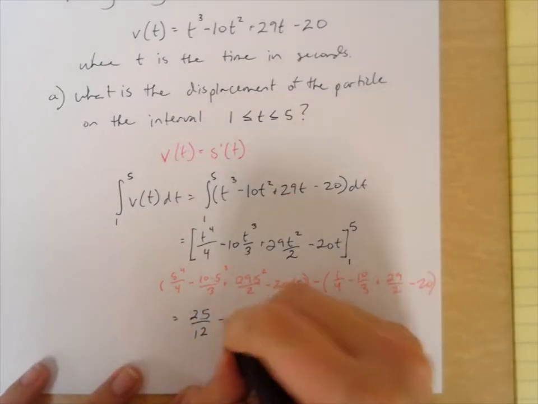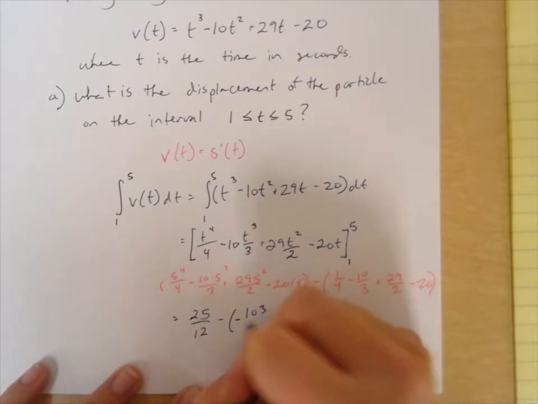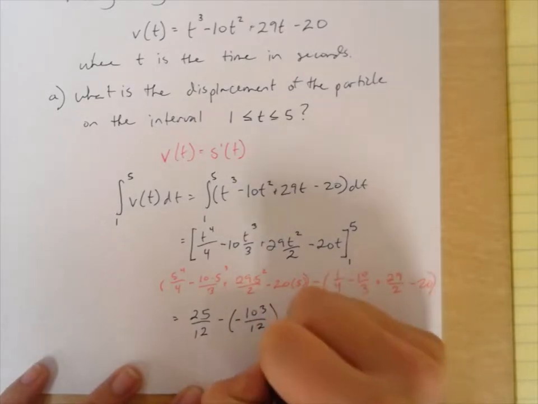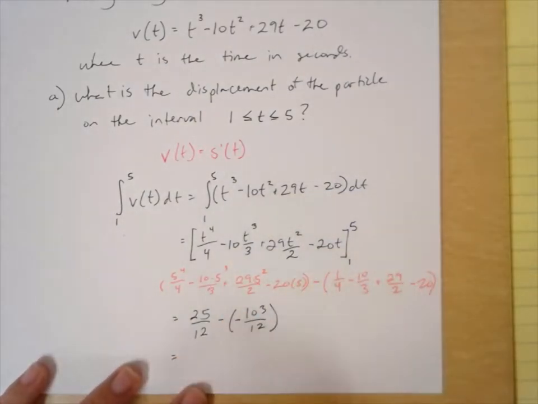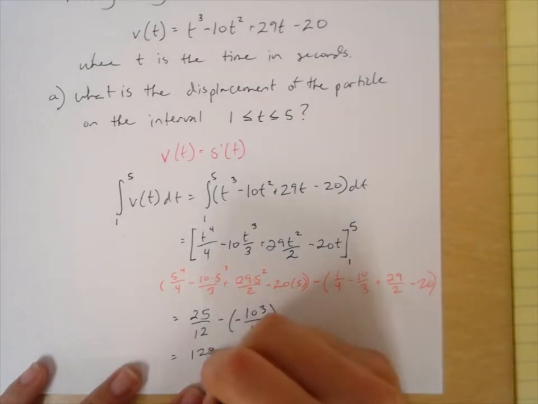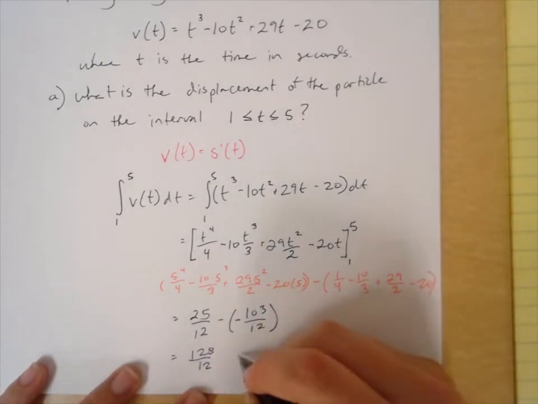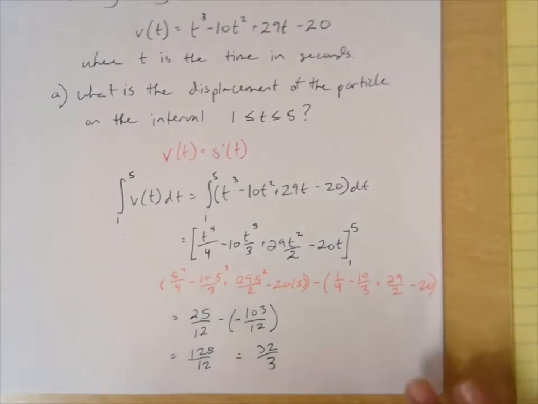25 over 12 minus a negative 103 over 12, which simplifies out to be 128 over 12, and we can simplify that to be 32 over 3.